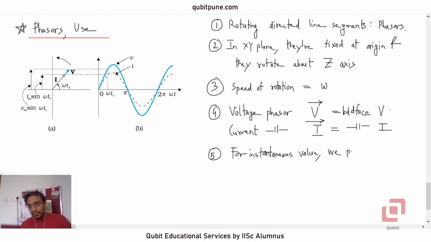So what is the benefit of that? If you project them on the y-axis, then this quantity here will be magnitude of this into sine of omega t1, because this is the cosine component, so this will be sine. So that gives us the instantaneous values, and we already know what the instantaneous values are. V is equal to Vm sine omega t and I is equal to Im sine omega t.